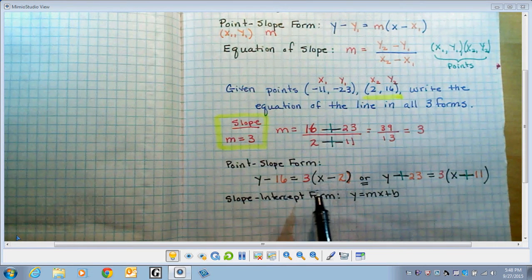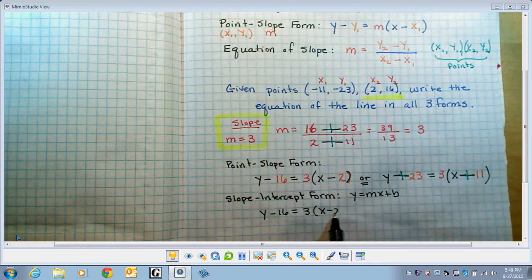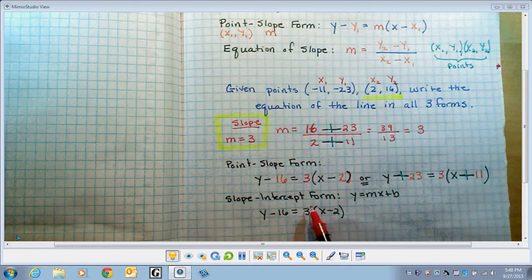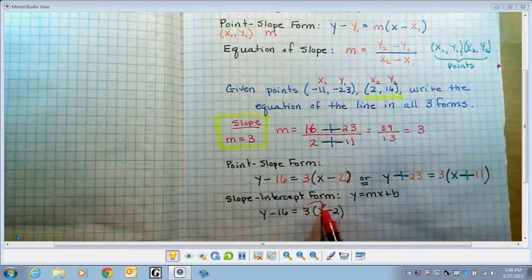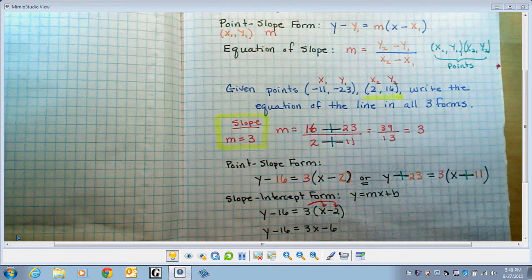So it would seem to me, let's rewrite this, y minus 16 is equal to 3 times x minus 2, that we just need to simplify. So we're going to simplify the right side by multiplying in that 3. So I have y minus 16 is equal to 3x minus 6, because 3 times negative 2 is negative 6.